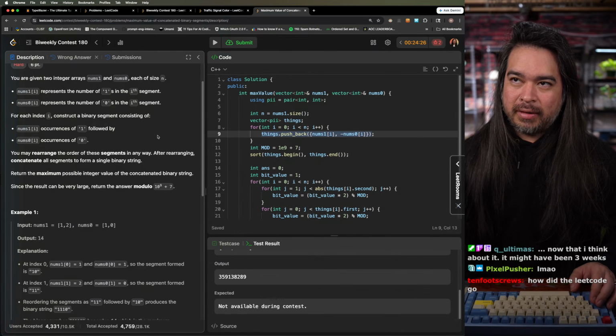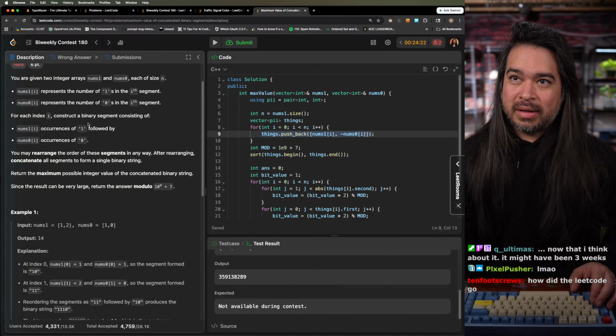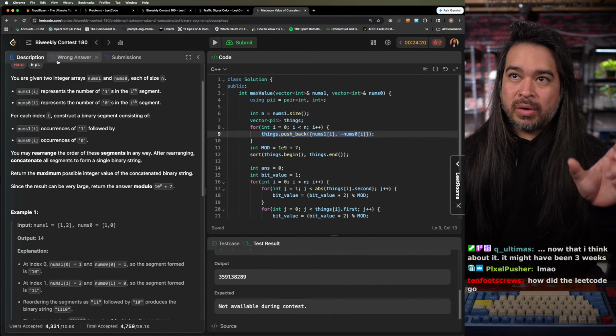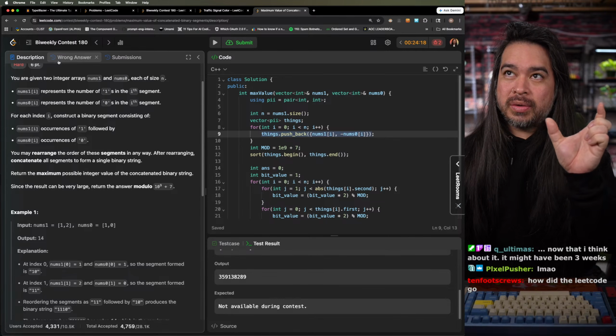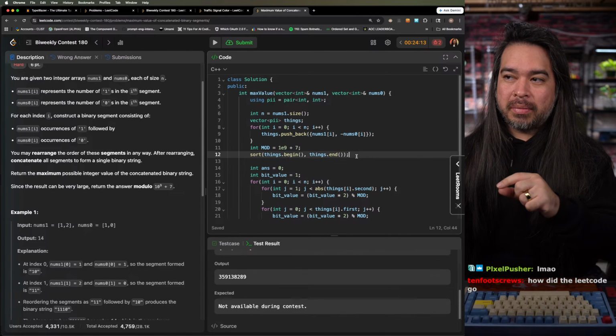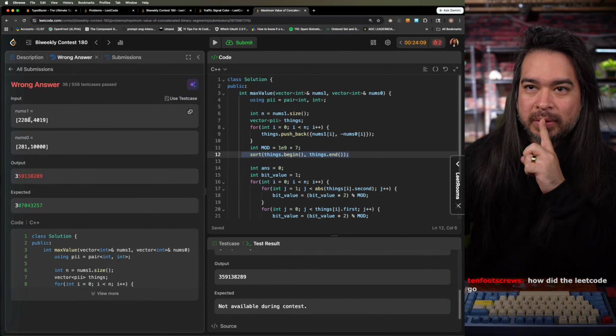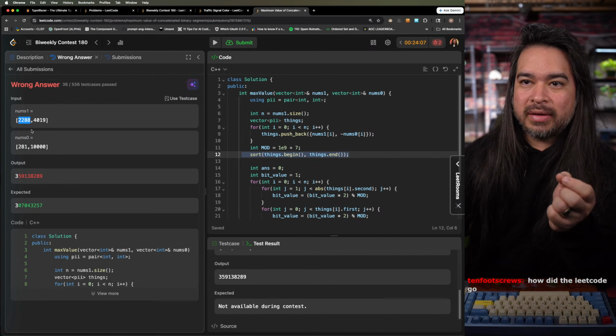So maybe if we have a bunch of zeros, maybe it's the total number. We should put the total number of things first instead of just sorting by however I did it. I think so. Because this one, yeah, we have this many things.